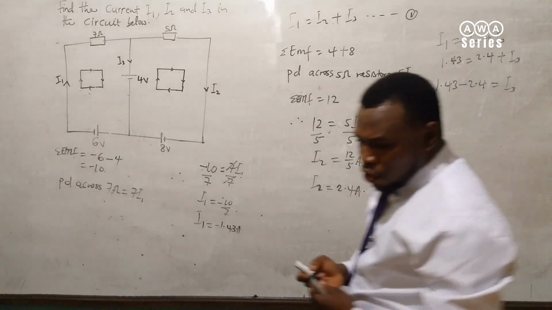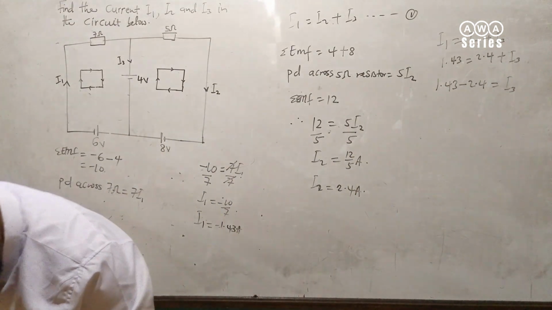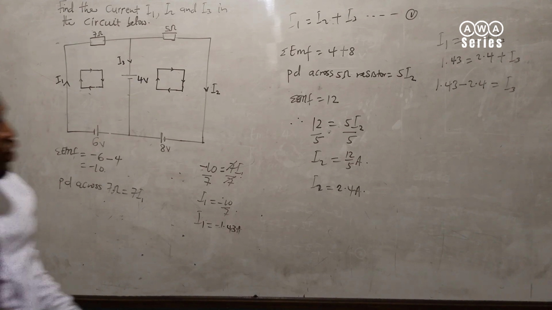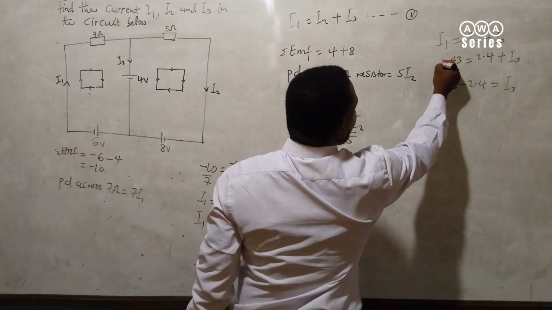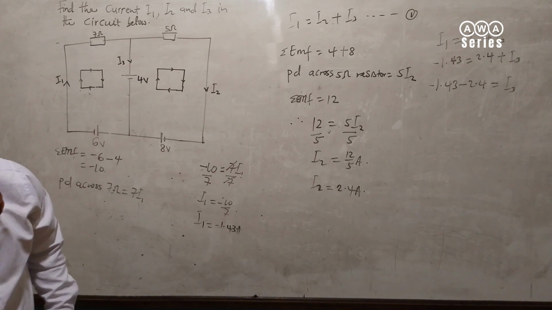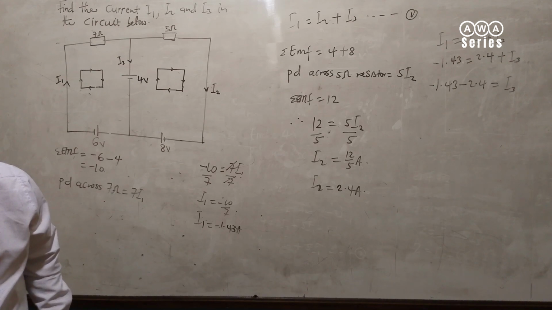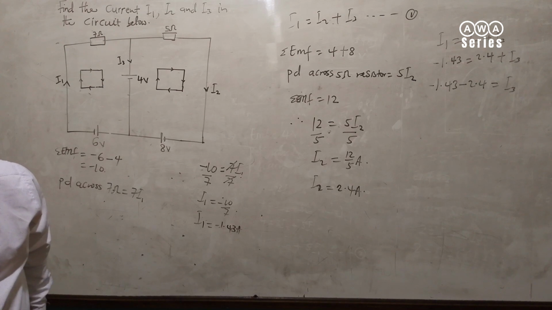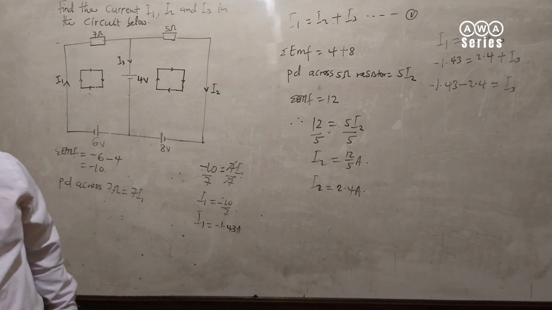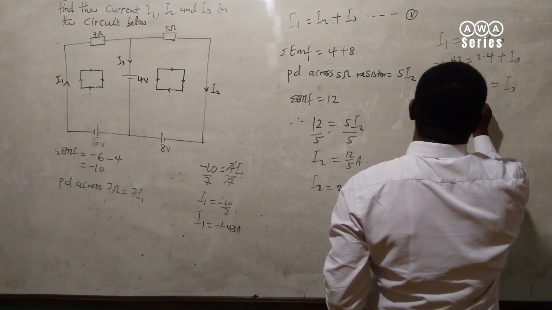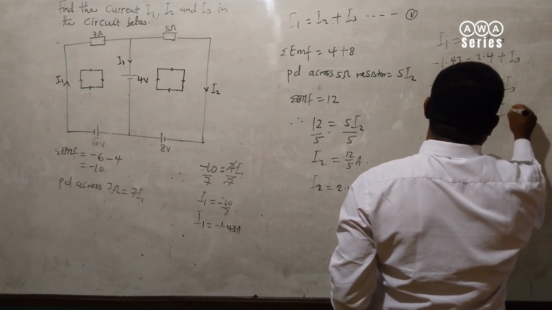And when you do this simple subtraction, you should be getting I3 to be negative 3.84. Negative 3.84 amperes for I3.